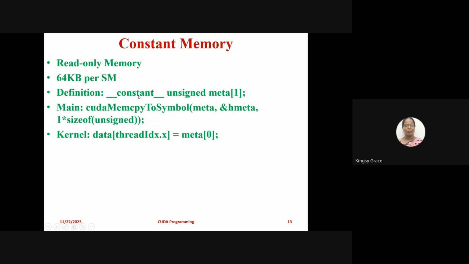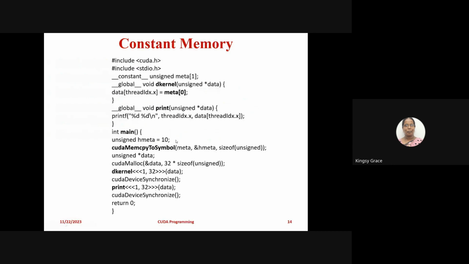You can write it globally, and in the main function you can allocate the same constant variable this way. After that, the kernel things you want, you write. No problem.